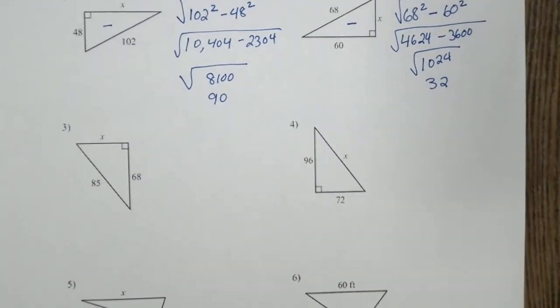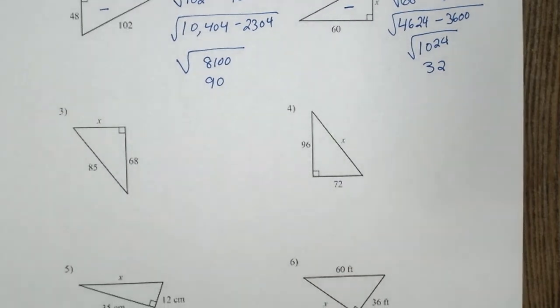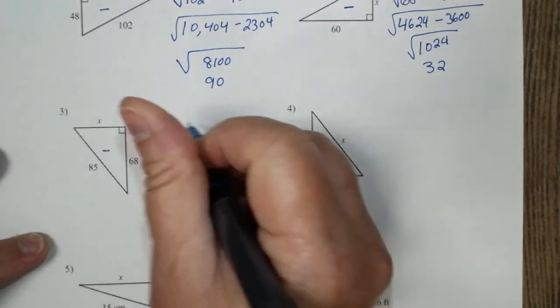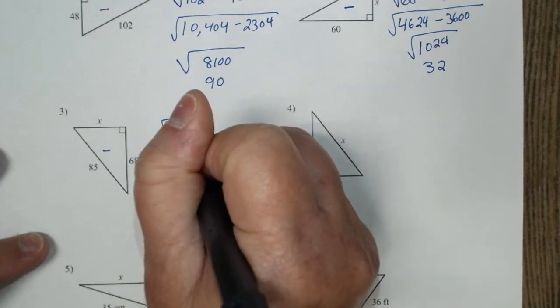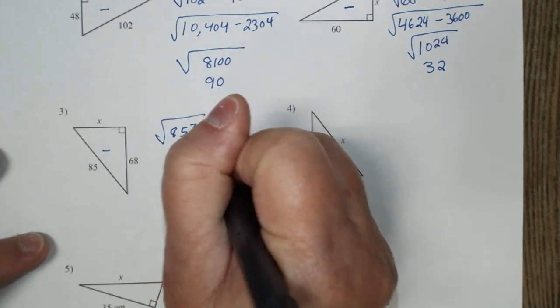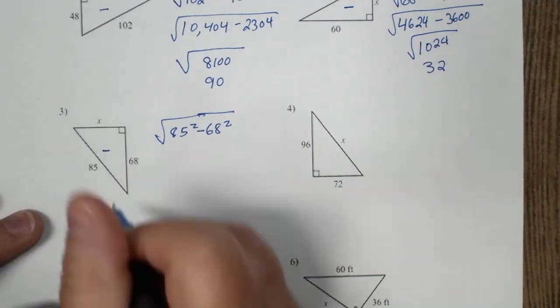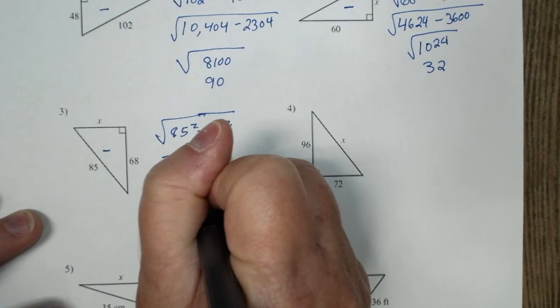So this one, I can turn them upside down, I can crooked them, I can do lots of things to them. So here we go. Here is a leg, here is a leg, here's a hypotenuse. I'm subtracting 85 squared minus 68 squared. And I get 85 squared is 7225.